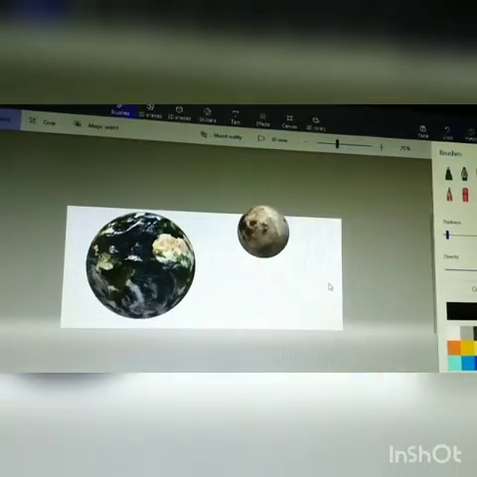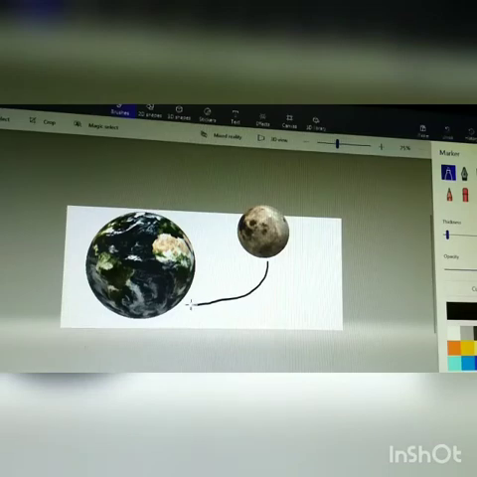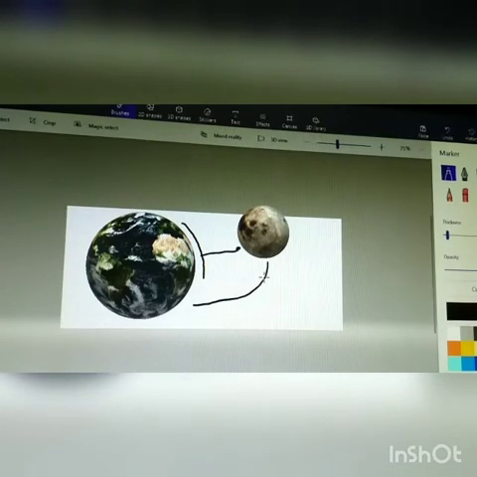Now, let us talk about the case of the Earth and the Moon. Earth is bigger and will have more gravity than the Moon, as the mass of the Moon is smaller than that of the Earth. The gravitational force of the Moon is one sixth of the Earth's gravitational force, meaning that the Earth's gravitational force is so much stronger that it has the capability of pulling the Moon. But unfortunately, the Moon is moving away from Earth at 2 centimeters per year.